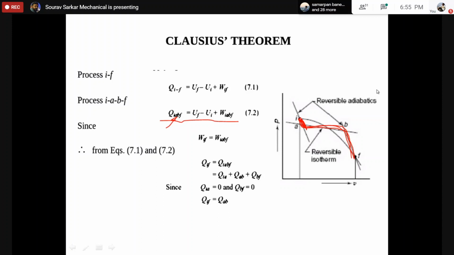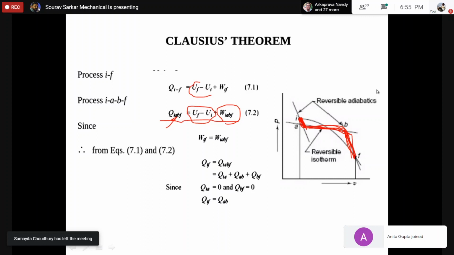Why? Adiabatic process. Very good. Similarly, you cannot supply heat during this part of the process. So you can only supply the heat during this part of the process. But still, as your initial and final points are the same, the change of internal energy will be the same. And the remaining will be work done.